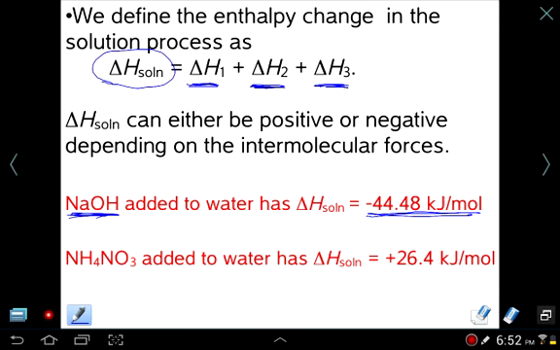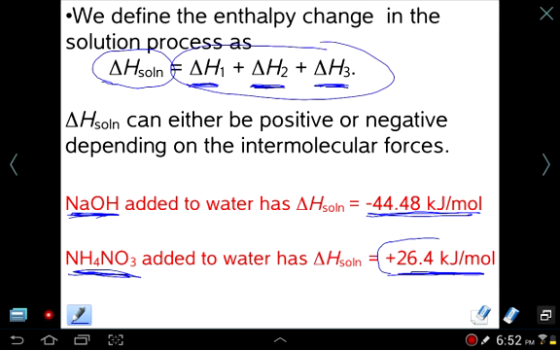Your beaker, as you're doing this, gets substantially warm, and you have to be real careful that you don't damage yourself. And when ammonium nitrate is dissolved, the opposite happens. This is an endothermic process, so the solution gets quite cold, very noticeably cold. 26.4 kilojoules is required to make this whole thing happen. So it can either be exothermic or endothermic, depending on the individual steps involved.